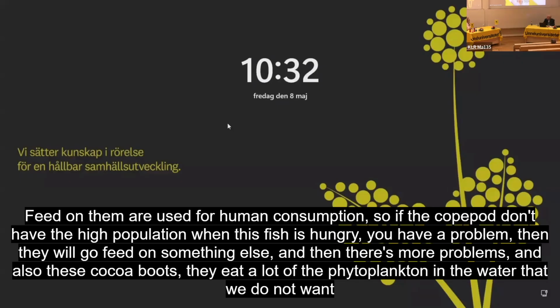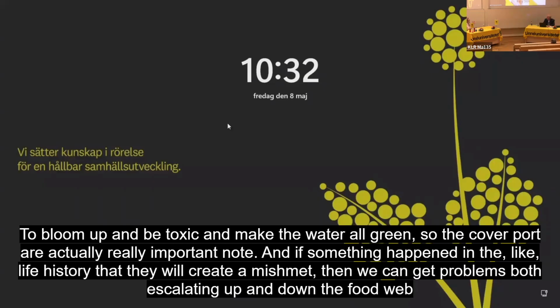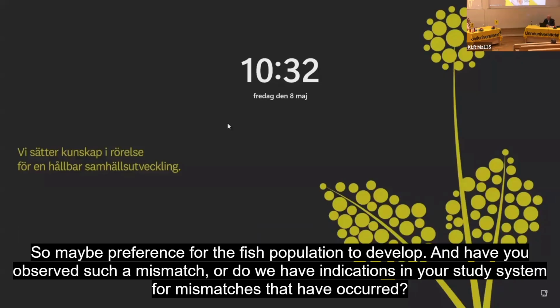Also, the copepods eat a lot of the phytoplankton in the water that we do not want to bloom up, be toxic and make the water all green. So the copepods are a really important node. If something happens in the life history and they create a mismatch, then we can get problems escalating both up and down the food web, so maybe problems for the fish population to develop.